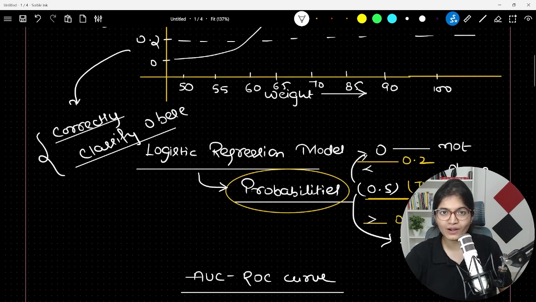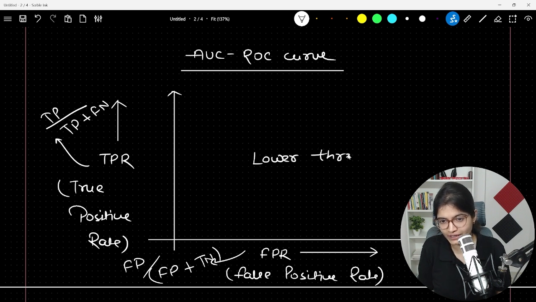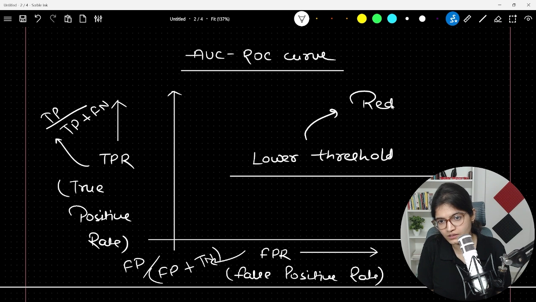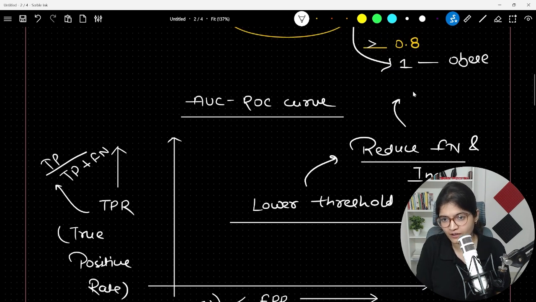In other words, when you lower the threshold value, you are trying to reduce the false negative and increase the false positive. And this usually happens in instances when we are dealing with a healthcare problem.